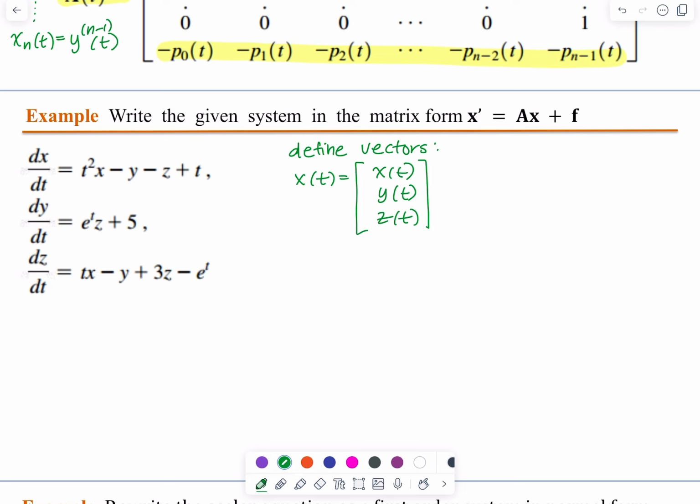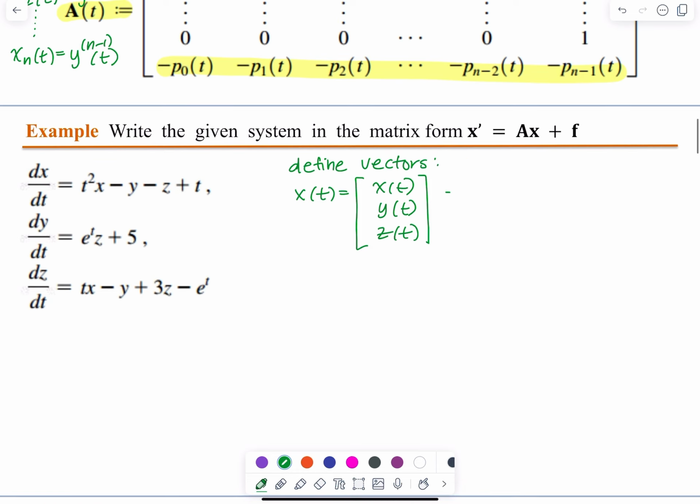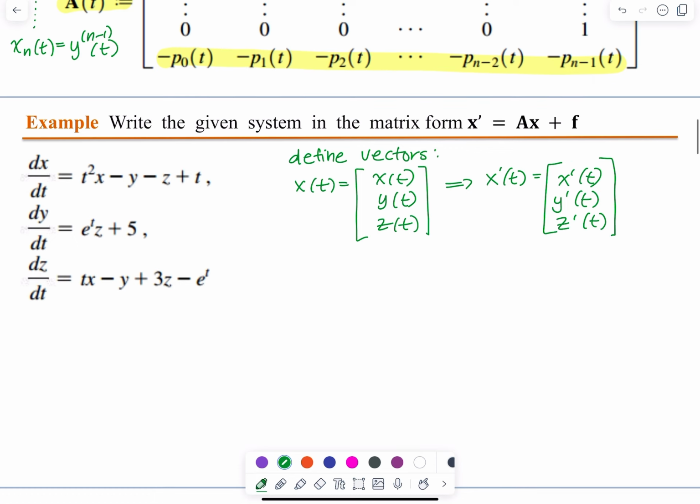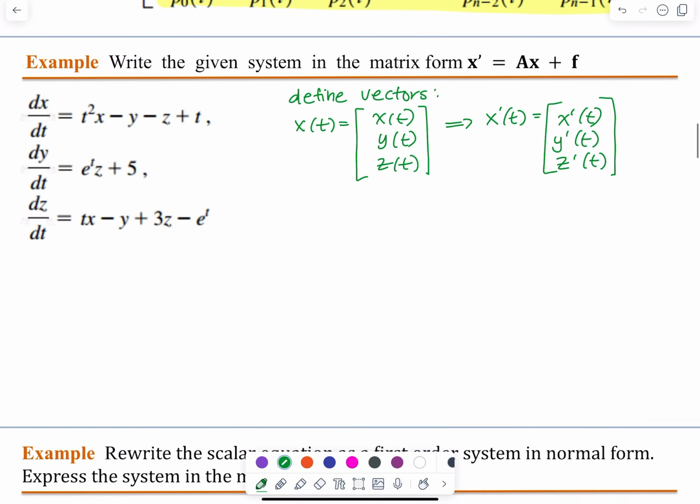And therefore, of course, we will have x prime of t equal to x prime of t, y prime of t, and z prime of t. And then we can take a look at this system over here and see that f of t is going to have t, 5, and the opposite of e to the t.